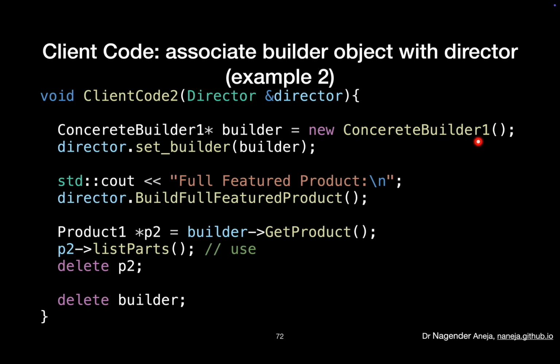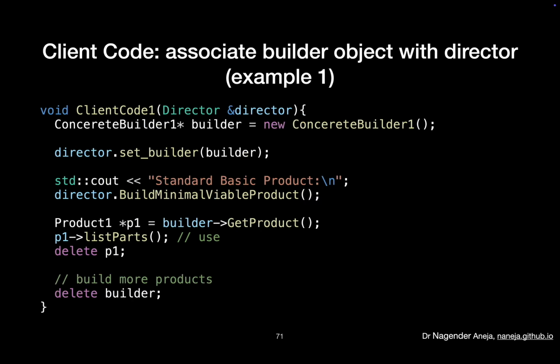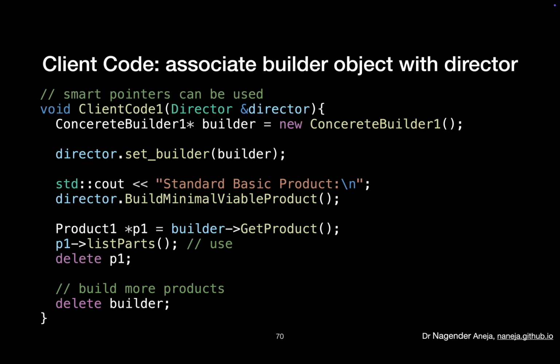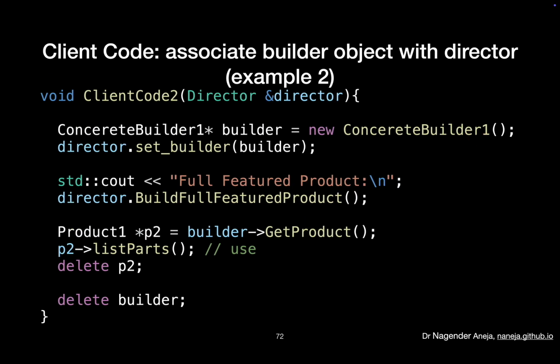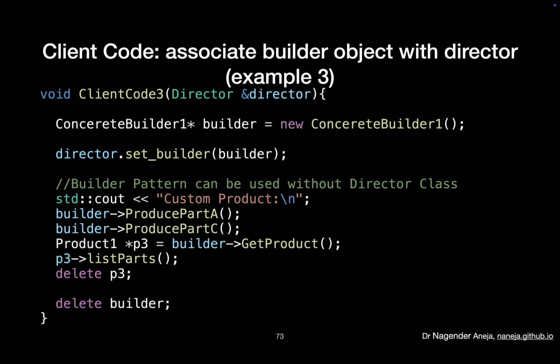We are still using builder one, but in example one we had the build minimum viable product. Now, still with builder one, we are going to build the fully featured product and get the product. The build fully featured product is defined in the director code, and that can add all of those versions here. Then we have a custom product.